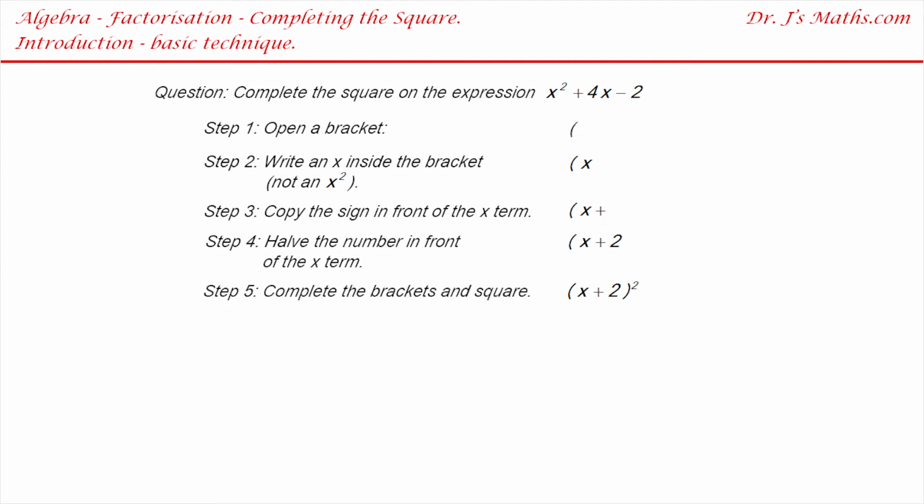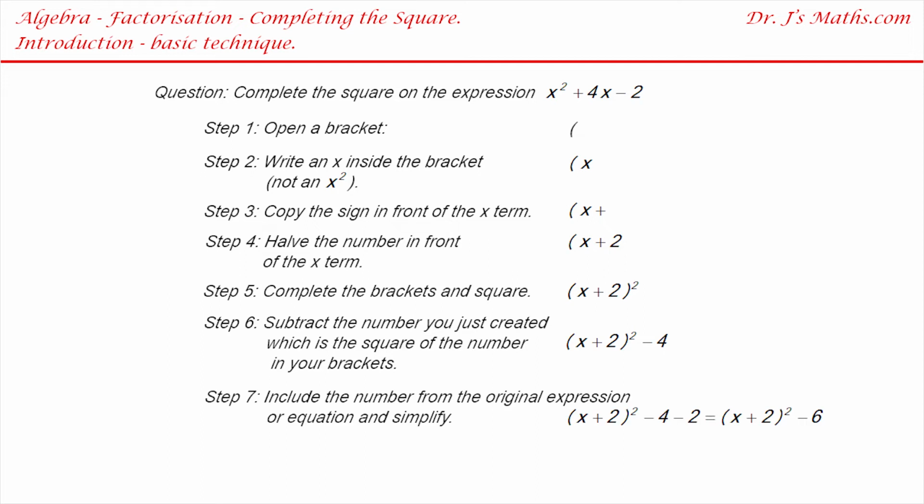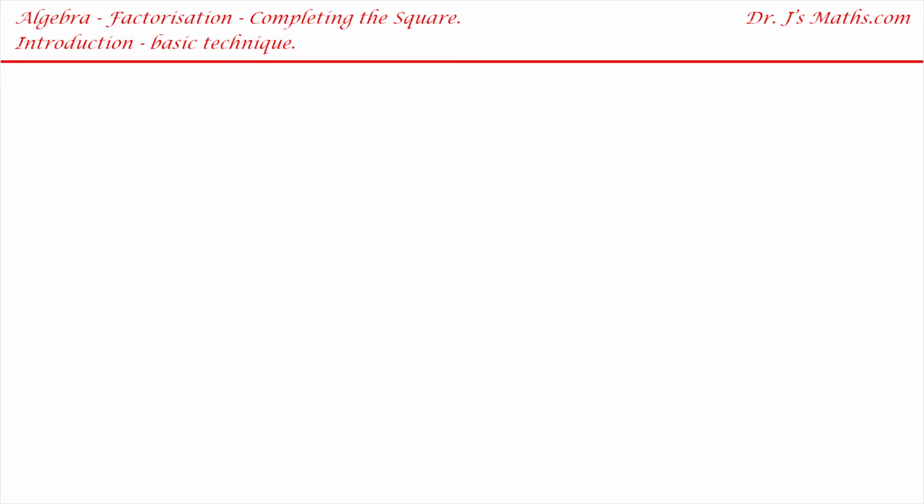Step 5, complete the brackets and square them. Now step 6, we've just created a 2 squared, so we're going to take off a 4. And then in step 7, we include the number from the original expression, which was a minus 2, to give us x plus 2 all squared minus 4 minus 2, which, tidying up, is x plus 2 all squared minus 6. So that's the result of completing the square on this one.